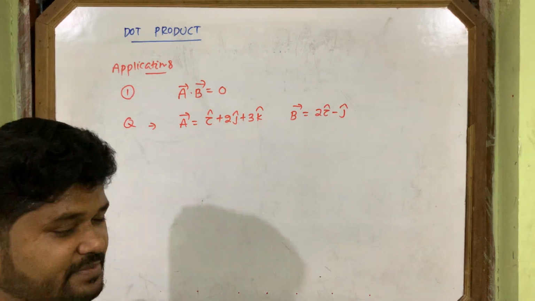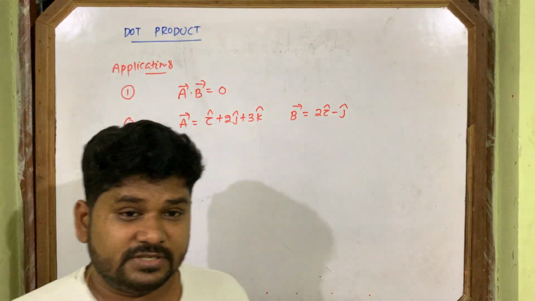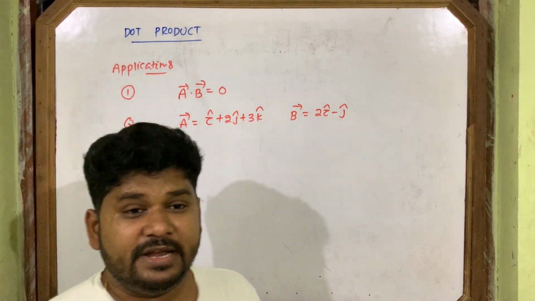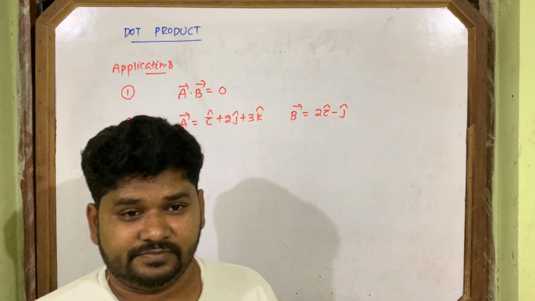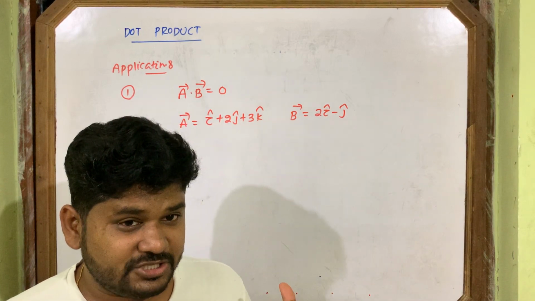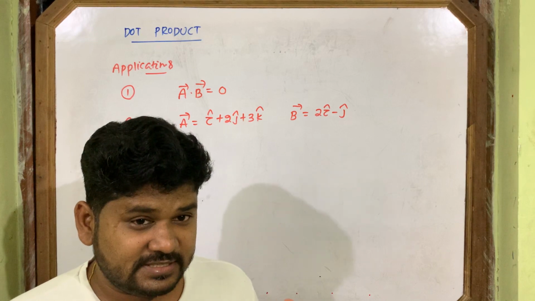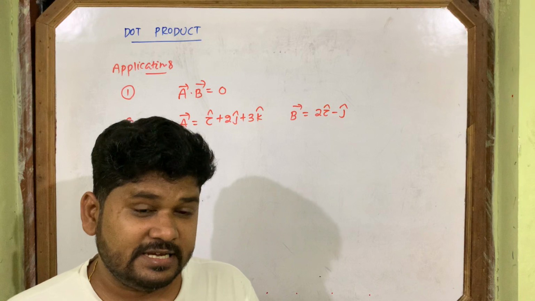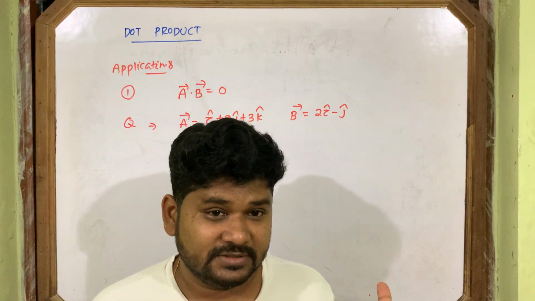This is B vector. Question is, test whether A and B are perpendicular or not. Pause the video here, solve this question, find your answer. After that, play the video and see what answer I get.